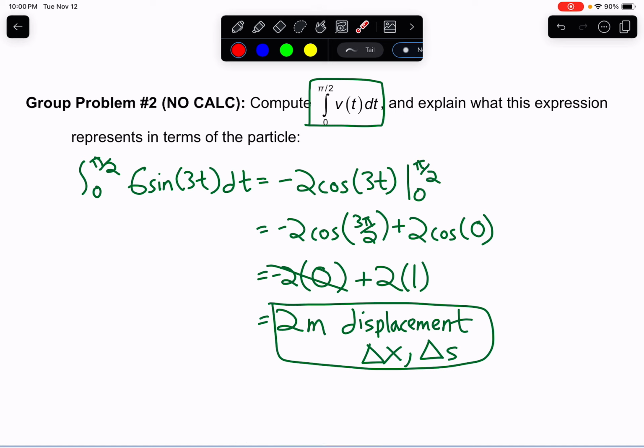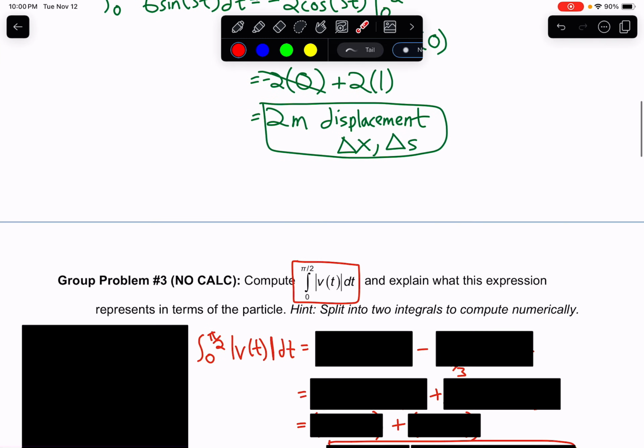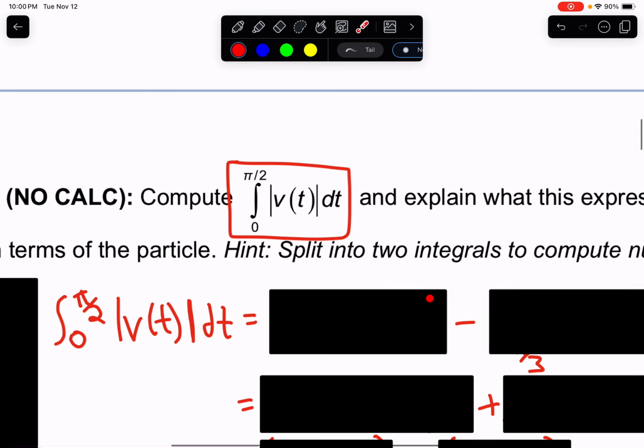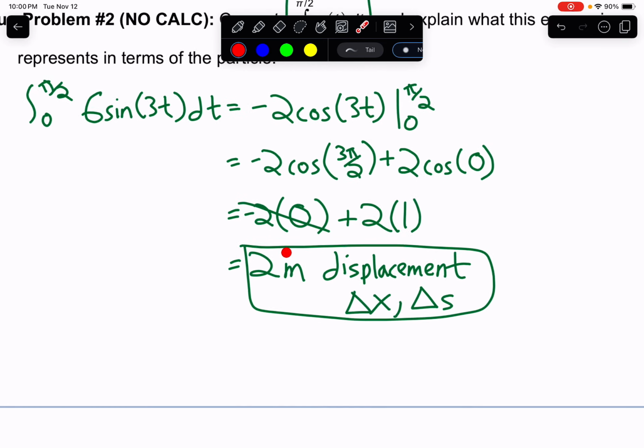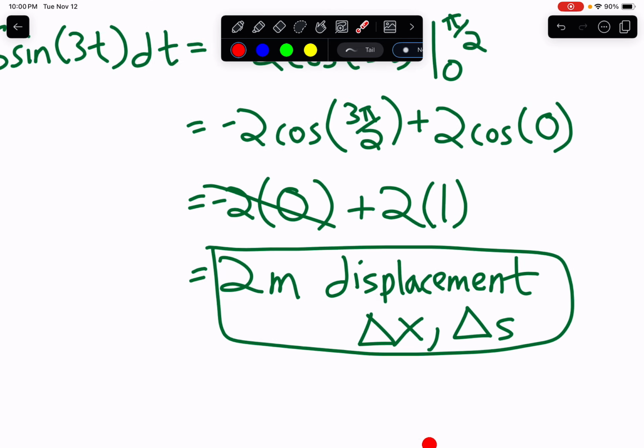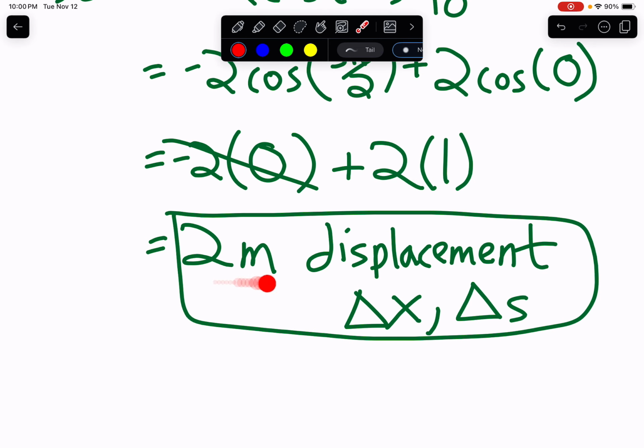Okay, so let's keep going. Group problem 3. Compute looks like the very same integral, except one big distinction. We are taking the integral of the absolute value of v of t dt. Now, one of the most common mistakes I see students make is they will take their work from group problem 2 and just take the absolute value of the answer.